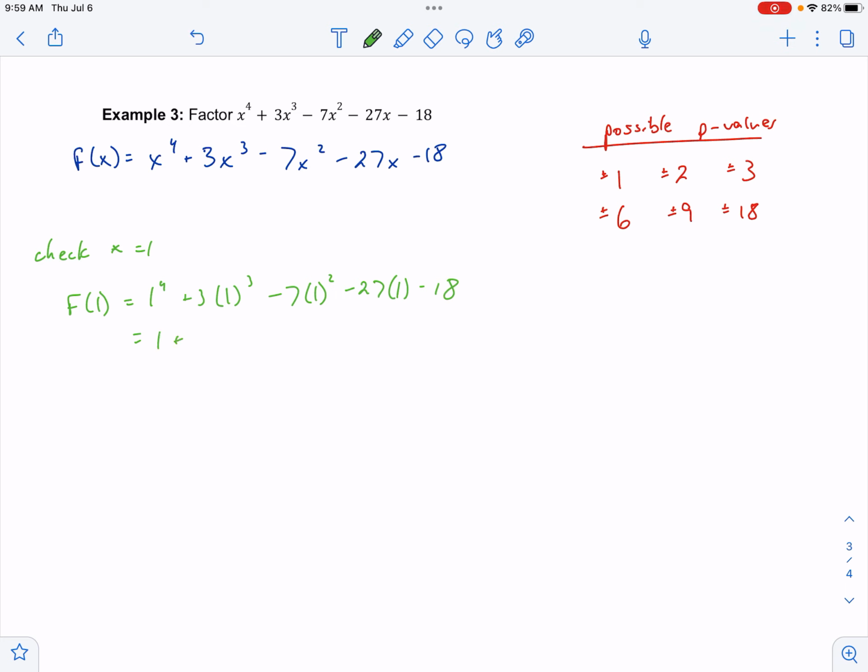That's 1 plus 3 minus 7 minus 27 minus 18. I can already tell this is not headed in my direction here. Oh, let's use a calculator. 1 plus 3 minus 7 minus 27 minus 18 is so far off. Incorrect.